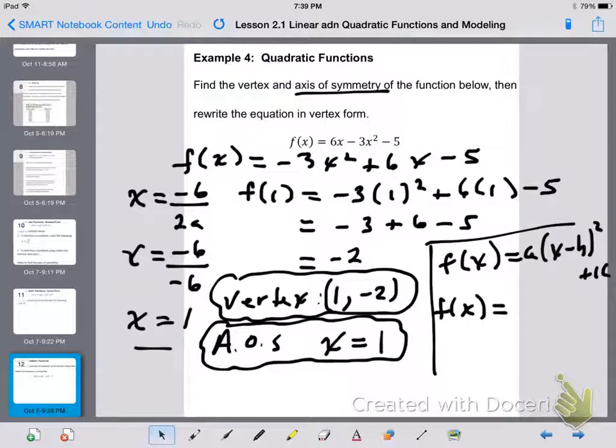My a is negative 3. So I'm going to have negative 3 times x minus 1 squared, and then my minus 2. So in vertex form it's negative 3 times the quantity x minus 1 squared minus 2.